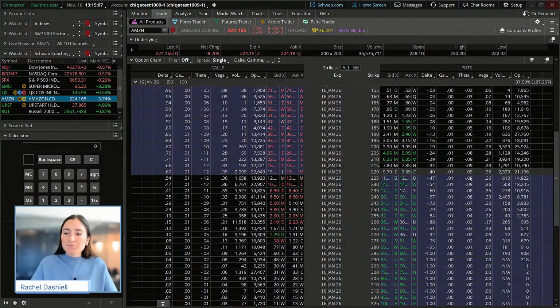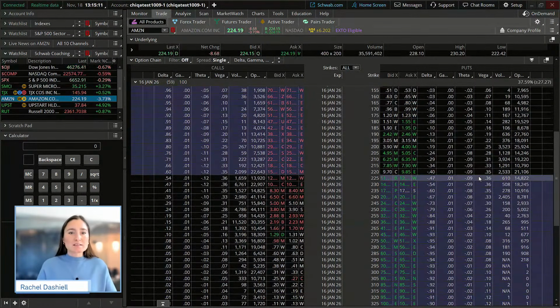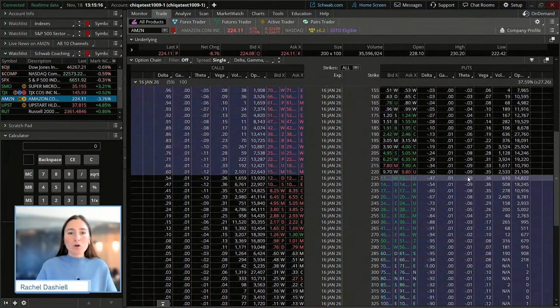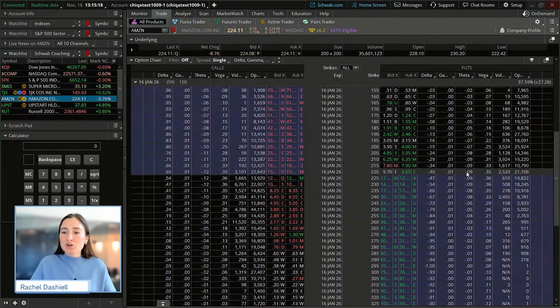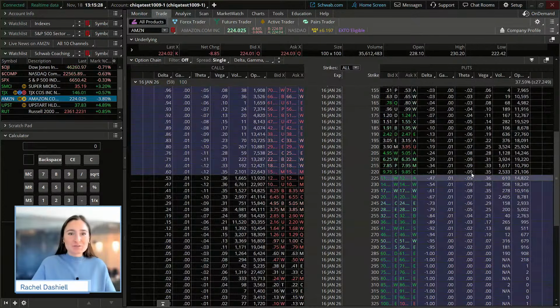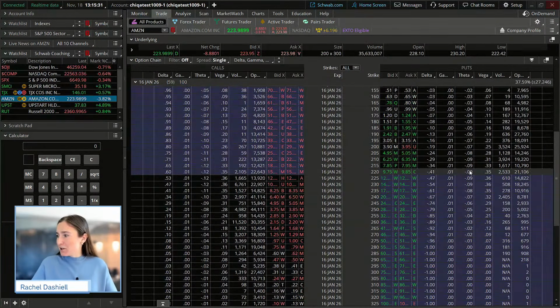We have really a theta decay of 9 cents. So with each passing day, theoretically, if all things remain the same, no changes in IV, no changes in the direction of movement of the stock, holding that option we would lose roughly 9 cents per day.